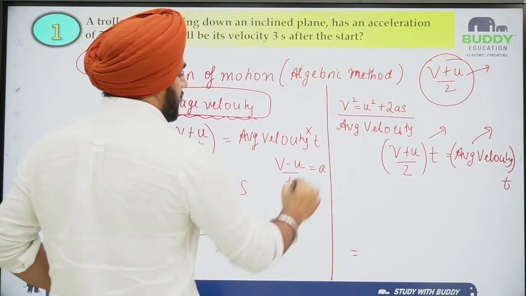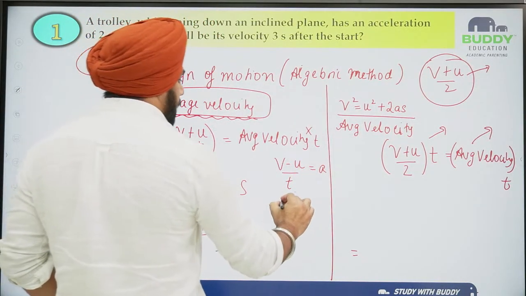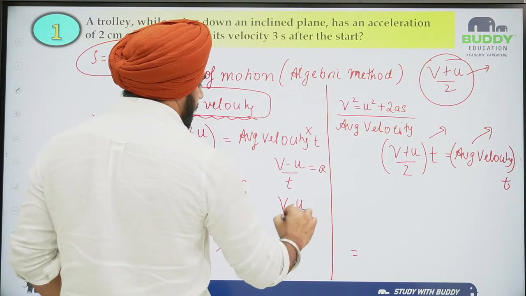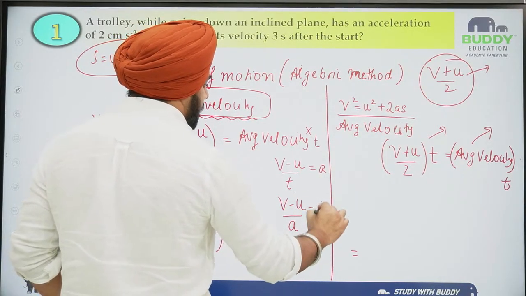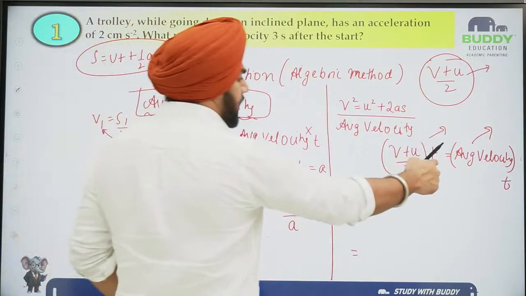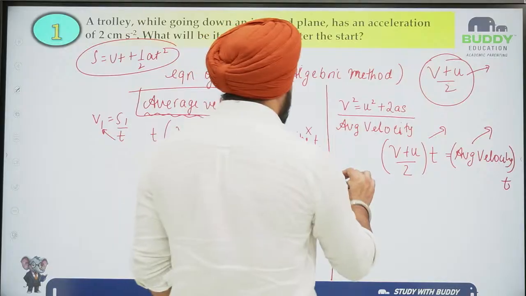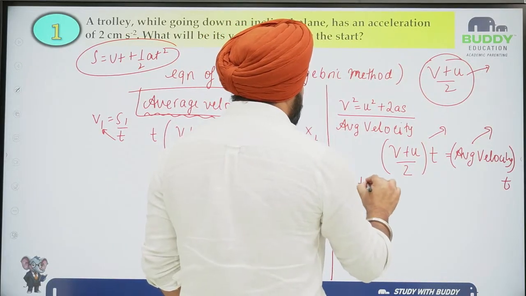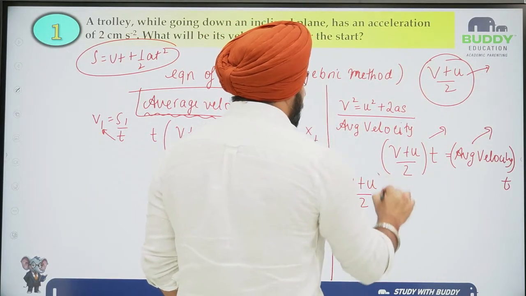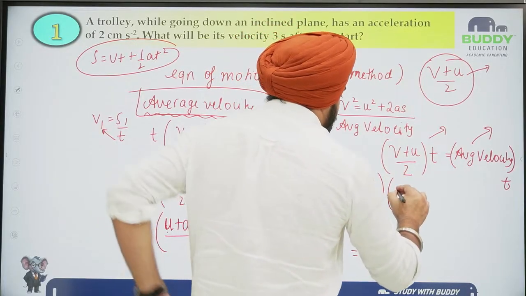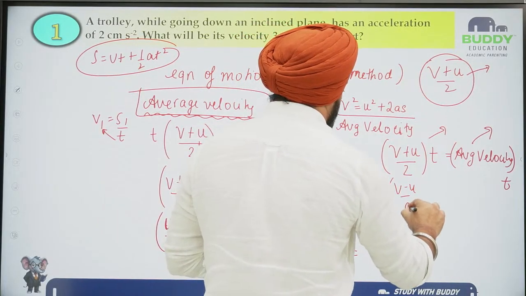So in the place of t, what you can write is v minus u by a is equal to t. So in the place of t here, use v minus u by a. Okay. So v plus u by 2, in the place of t, we can say v minus u by a.